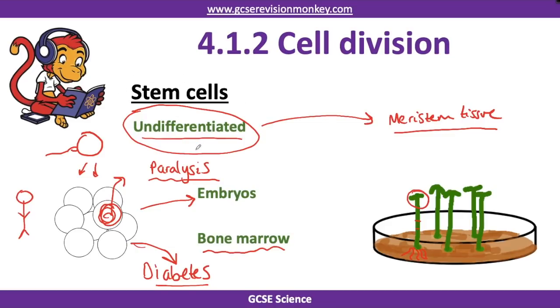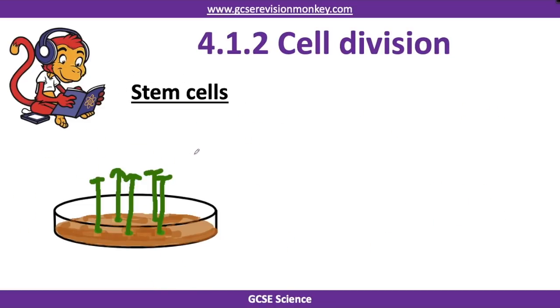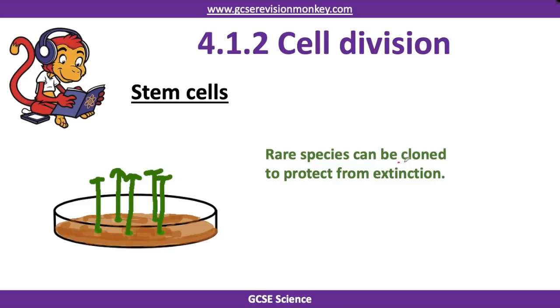And for scientists who work with plants, the fact that there's meristem tissue that remains undifferentiated throughout the whole lifetime of the plant means that if you find a really rare plant, you can clone that plant to protect it from extinction. So because there's meristem tissue in the plant, you can take cuttings of the plant, for example, cut that one there, put it in some nutrients, and that will grow into a new plant for you.